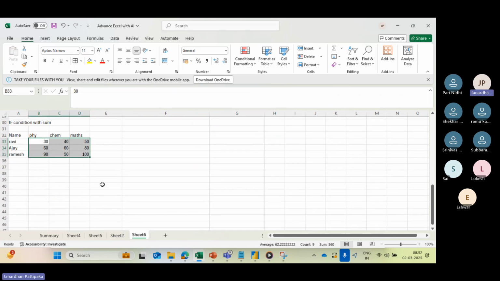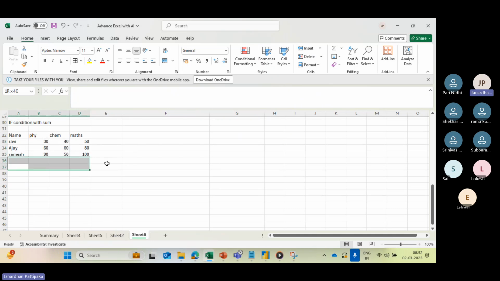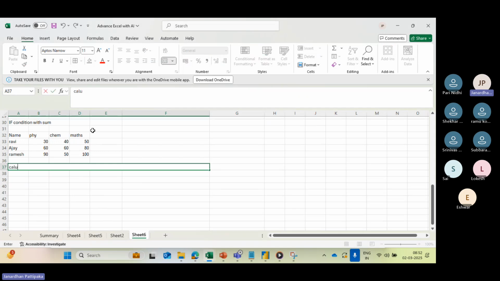Now, what is my requirement? IF condition with SUM. What is the requirement that I want to find here? My requirement is I want to calculate the sum of marks which are more than or equal to 40 marks.